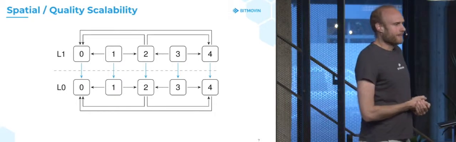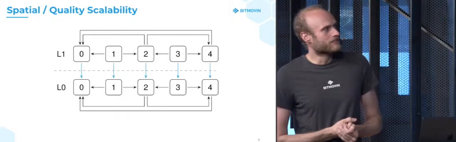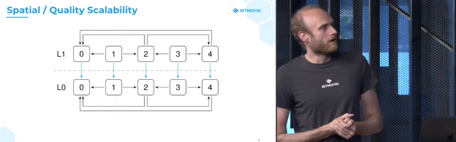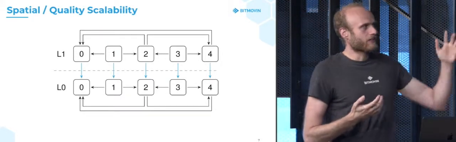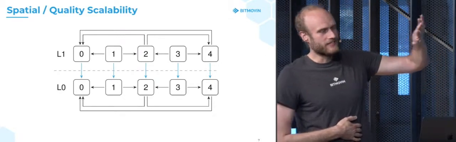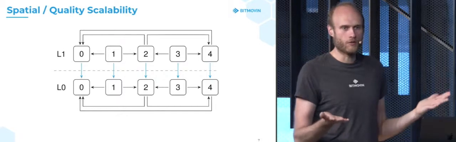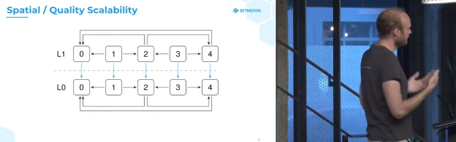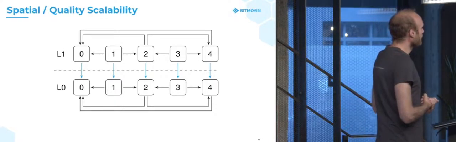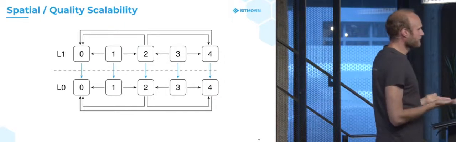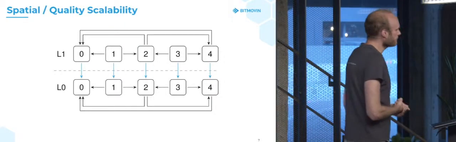And yeah, we can already see some things here. So the cool thing about it is, okay, what happens now if the higher layer is missing? So if all of the higher layer pictures are missing, no problem. We can still decode the lower layer pictures, right? There's no issue there. Of course, if the lower layer is missing, we can't do anything because we need the pictures.